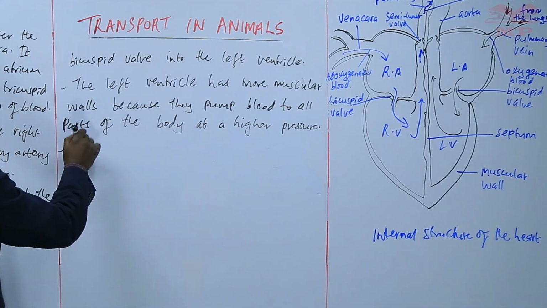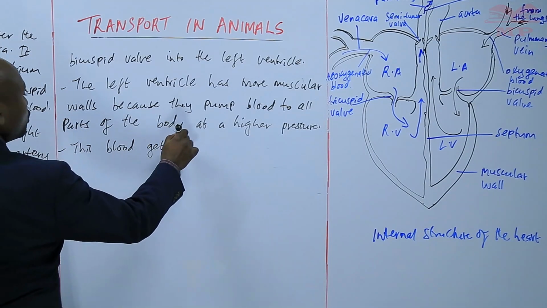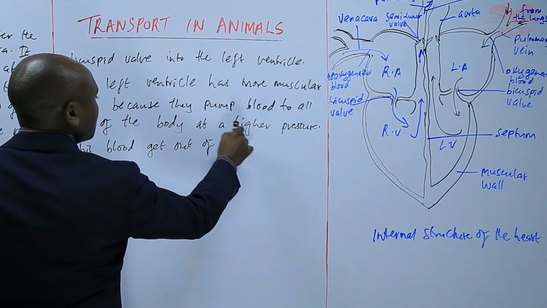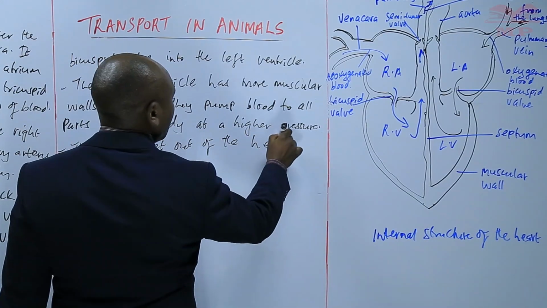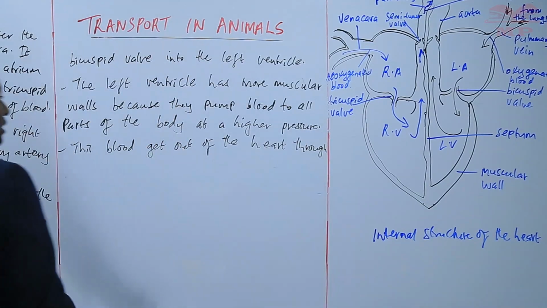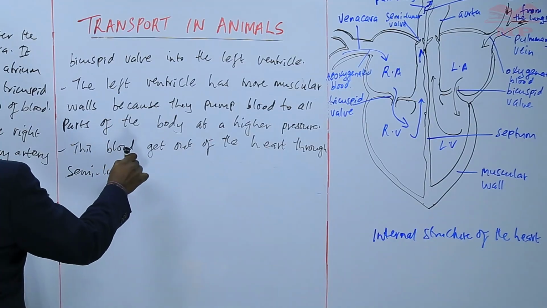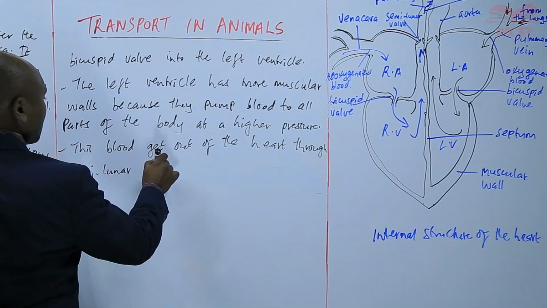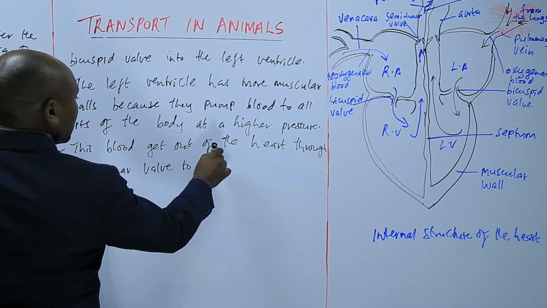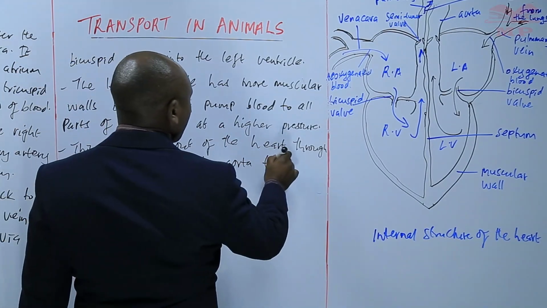So this blood gets out of the heart through the semilunar valves to the aorta, to the rest of the body.